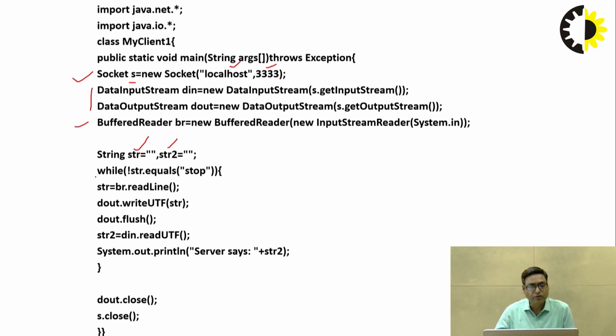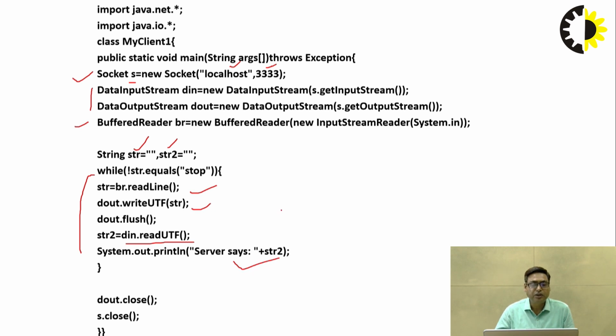Then we are using the while loop here, and this while loop is similar to the one in the server. We are reading the value from the keyboard and writing to the output stream with the help of write UTF. If some message is written by the server, we are reading it with the help of read UTF, and then displaying whatever the server is saying.